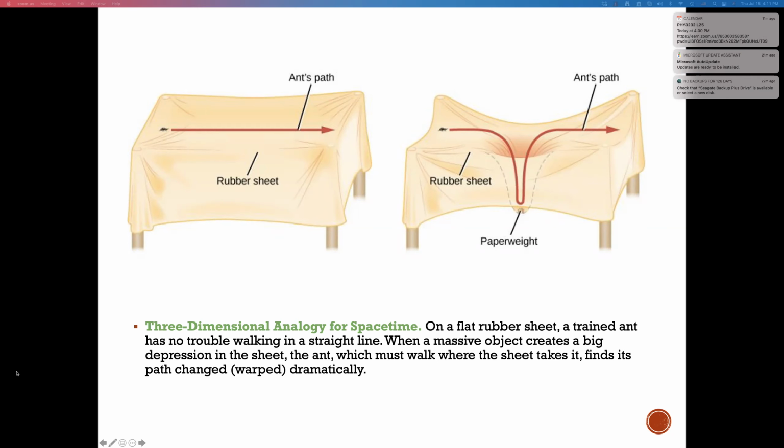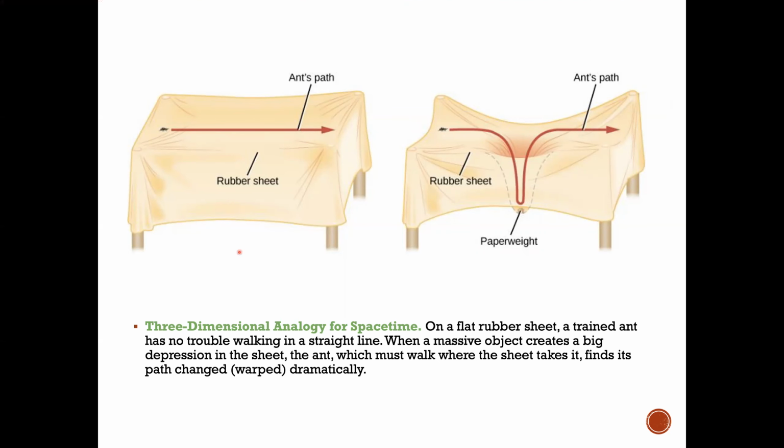You can see that there is an ant moving on a table, and there is a rubber sheet that we have put on the table. If it is flat, you can see that the ant is moving from here to here in a straight line without any issue, right?